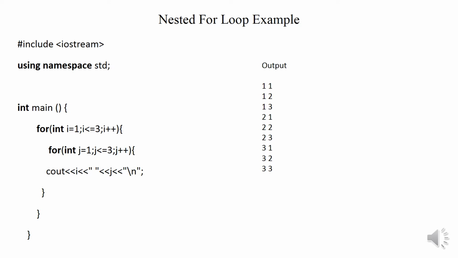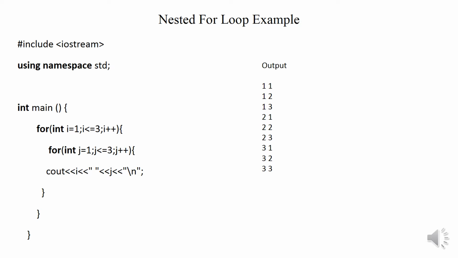And the second one is integer j is equal to 1, j is less than or equal to 3, j++. When we iterate the first time, i is equal to 1, at that time the compiler passes control to the next for loop, j is equal to 1. So that will print i and j, 1 and 1.